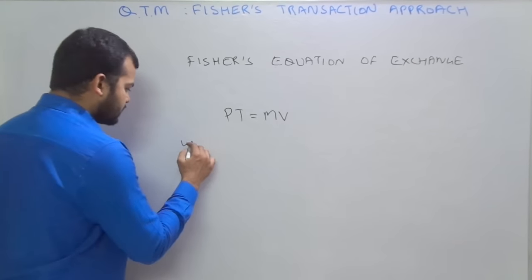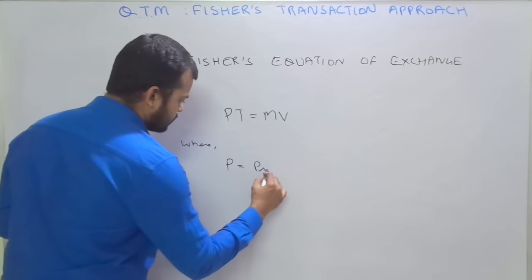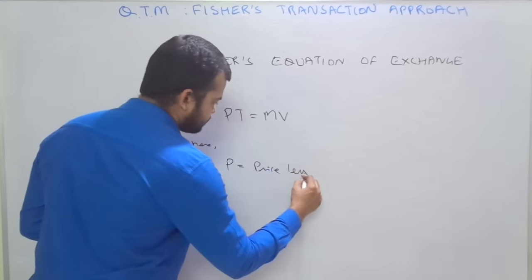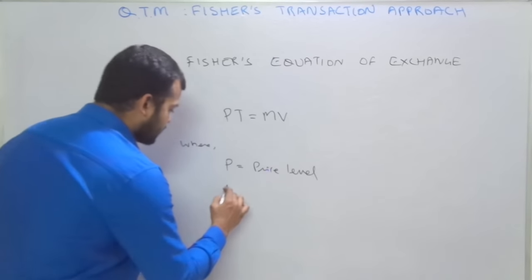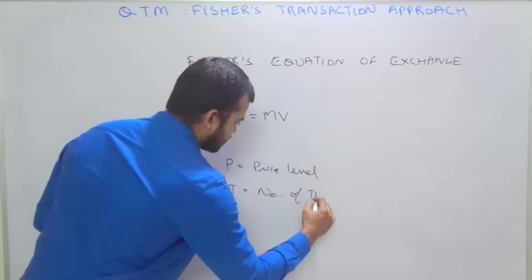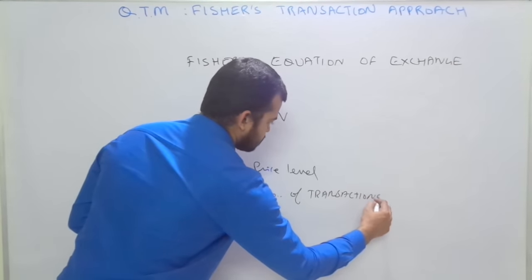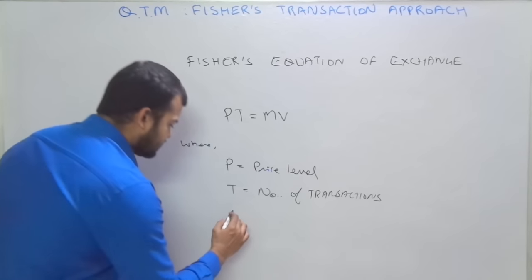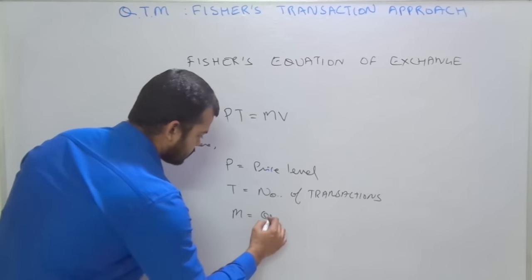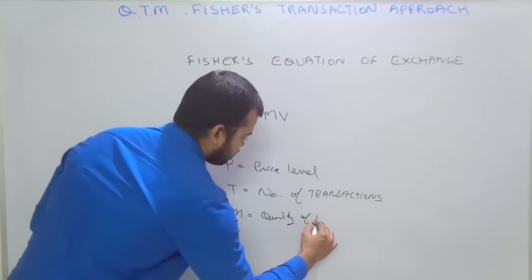We are writing that where P is equal to price level. Here T means number of transactions. Here M means quantity of money.